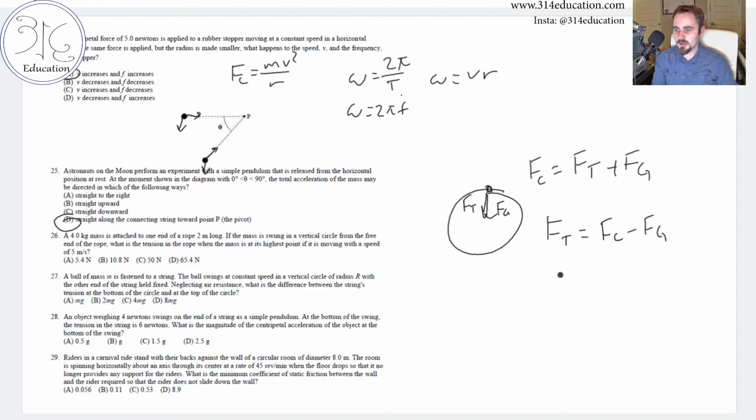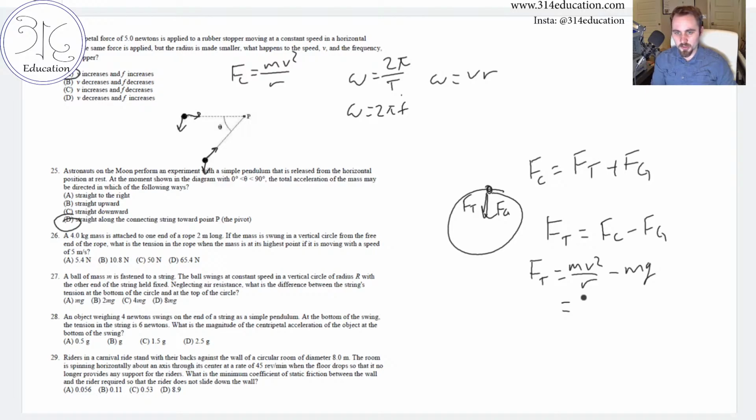giving us that Ft has to equal Fc minus Fg. And in this case, our centripetal force is mass times velocity squared over r, and our Fg is mg. Our mass was given as 4 kilograms, our velocity is 5, and our rope is 2 meters long.